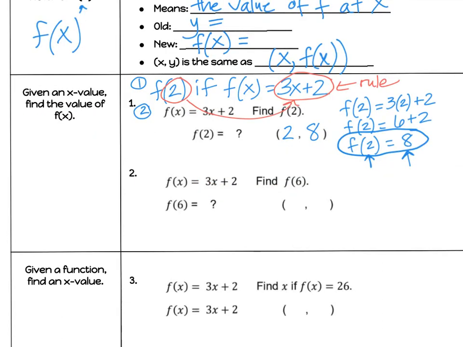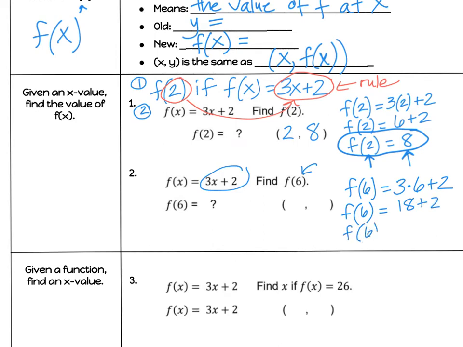For number 2, our rule is right here. F of x equals 3x plus 2, same thing. And this time we're going to find f of 6. So we're going to plug in 6. So we have f of 6 equals 3 times 6 plus 2. We still follow our order of operations. You don't need to change anything with the left-hand side. 3 times 6 gives me 18.